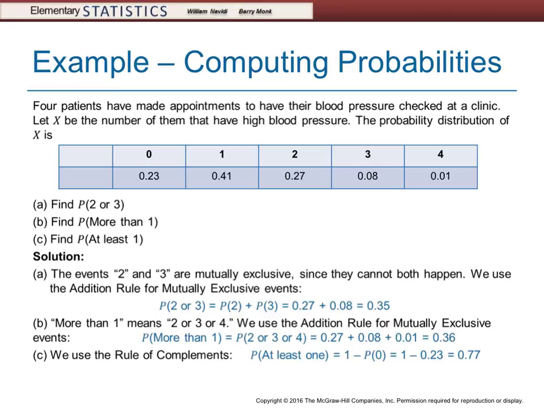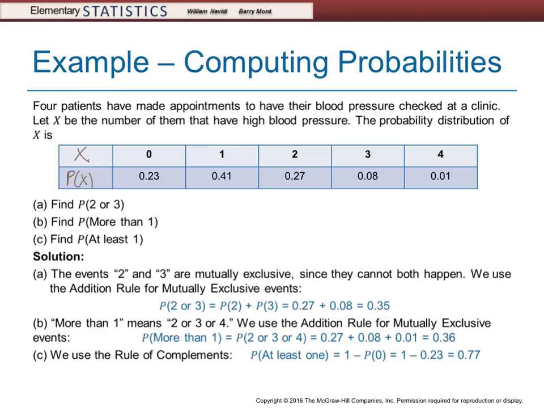So we're going to compute probabilities under a probability distribution. X is the number of folks that have high blood pressure in a particular clinic, and P of X is the probability of the particular outcome.